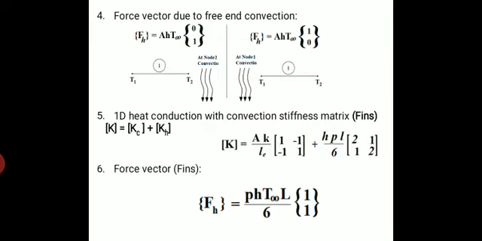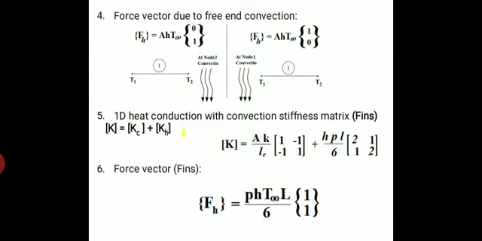The same goes for the force vector, where I have the convection at an end, so I get the number 1. This is node 1, node 2, so at node 1, where I have a convection, I get a value 1.